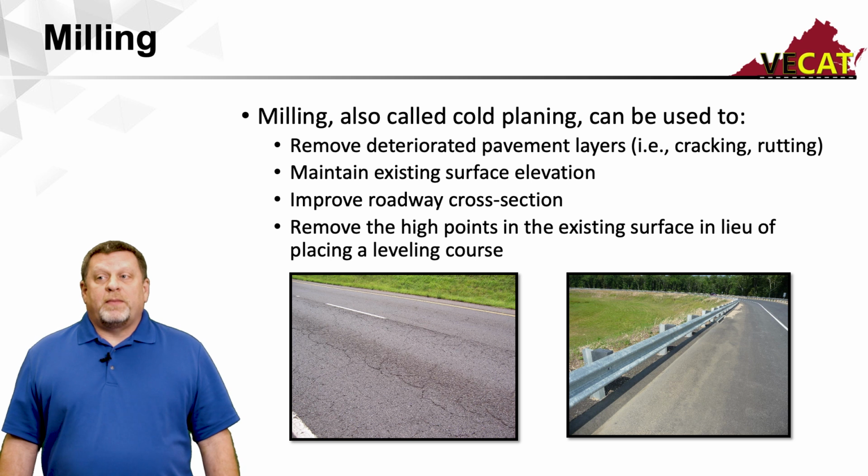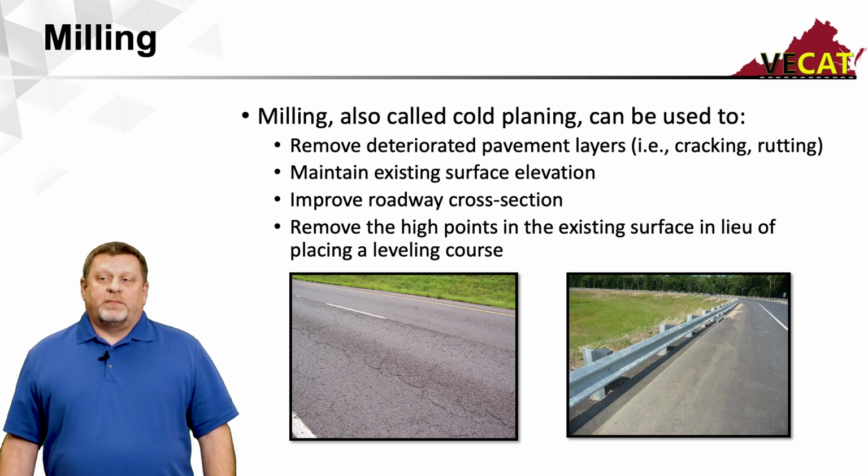In some cases we want to maintain the existing surface elevation or improve a roadway cross slope. In the picture here on the right, if you look about two-thirds of the way down on this asphalt curb, you'll see there's a drop inlet. Well, if you came in and just put an overlay on top of this, you would close that drop inlet completely off.